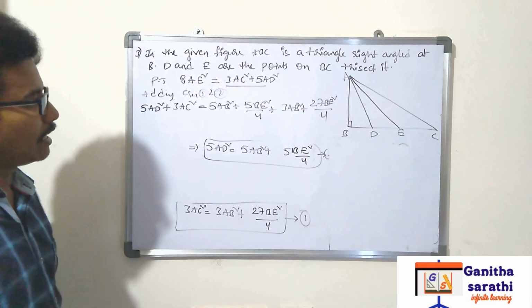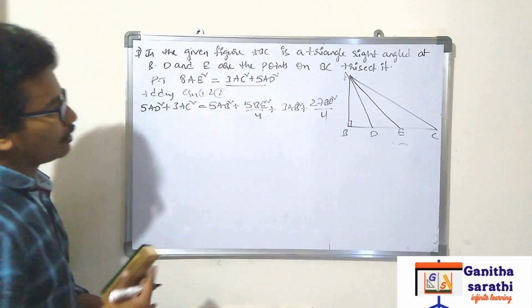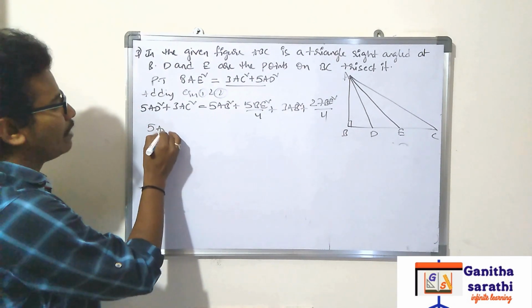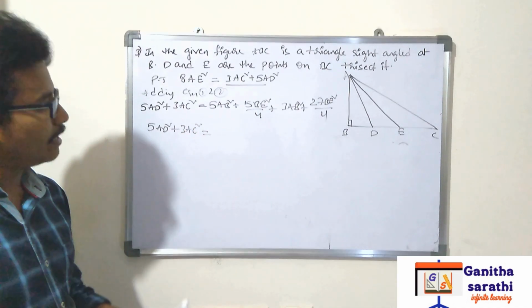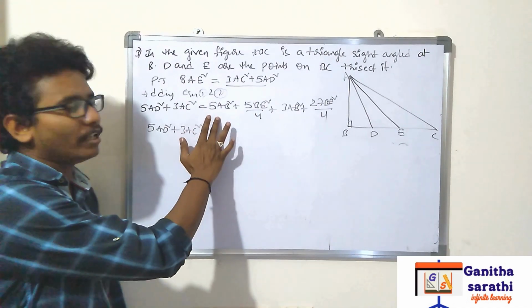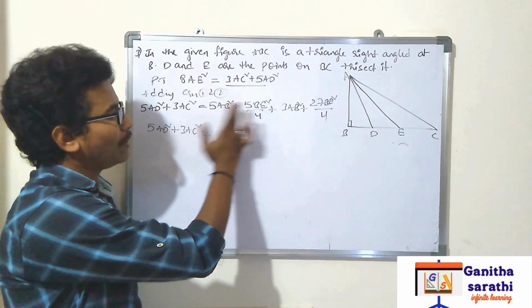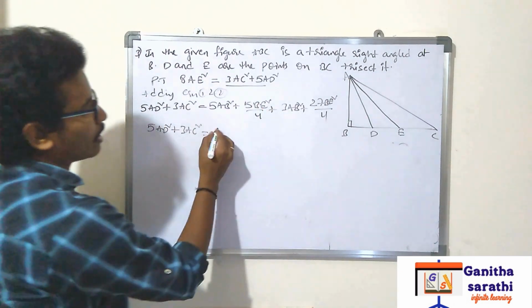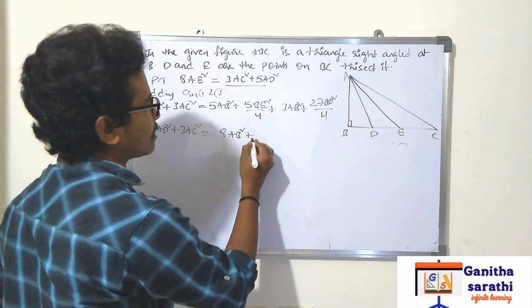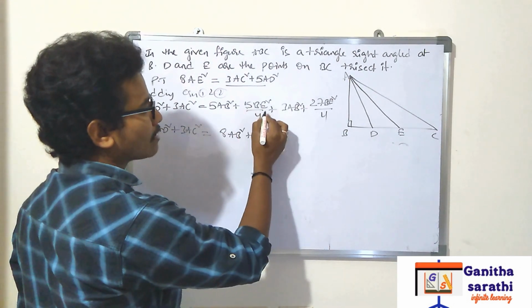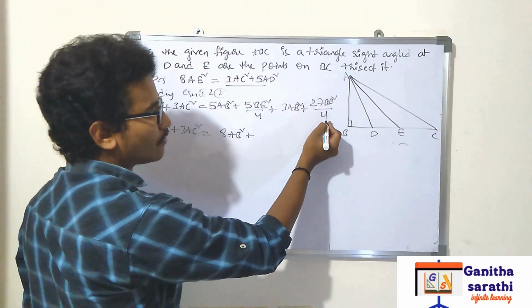Okay, that is our addition. Now see, ABs: 5AB square plus 3AB square, 5 plus 3 will be 8AB square, right? Now plus 5BE square by 4 and 27BE square by 4.